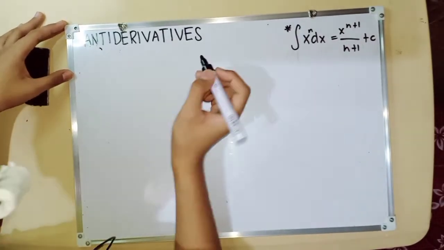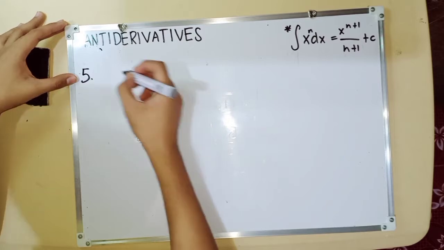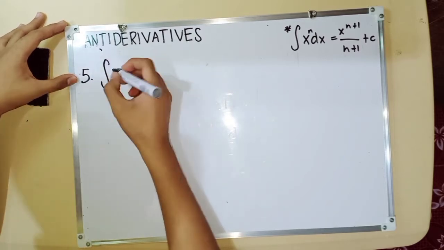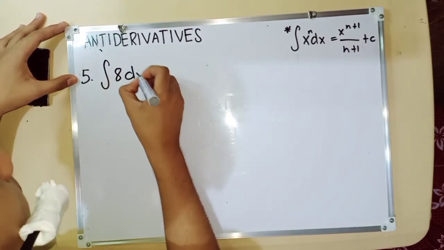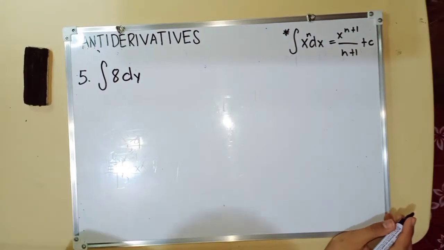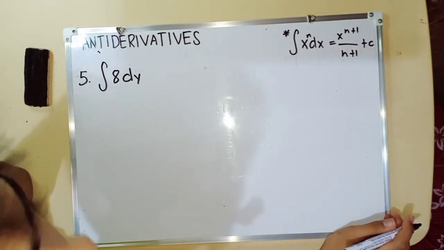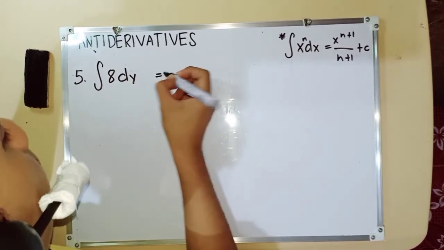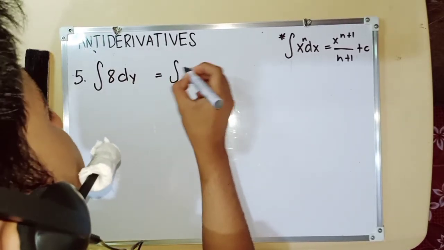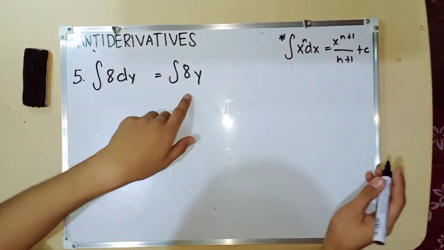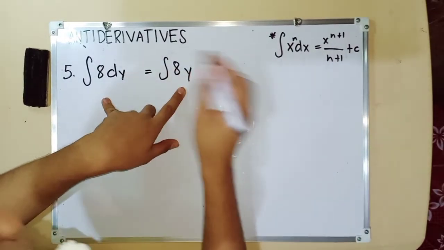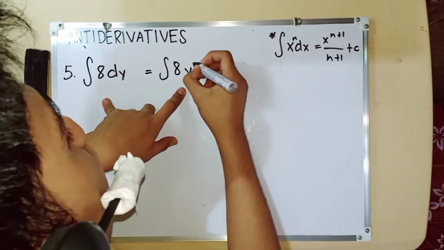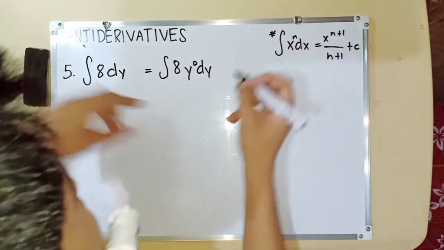So, number 5, let us take the antiderivative of 8 dy. Kung mapapansin natin ngayon ay dy na siya. Ibig sabihin ay y na ang ating gagamitin instead of yung dati na x. So, y raised to the power of 0 plus 1.